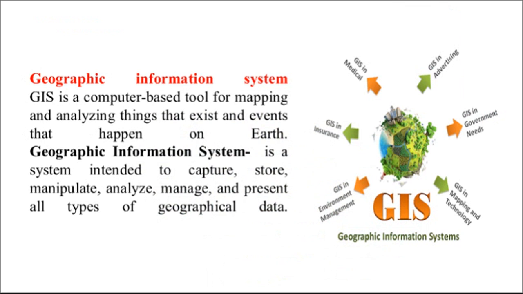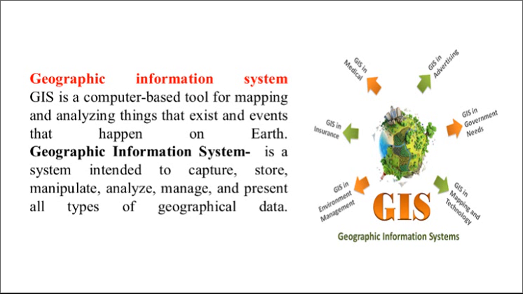Starting with the introductory part of GIS, Geographic Information System. GIS is a computer based tool for mapping and analyzing things that exist and events that happen on the surface of Earth.